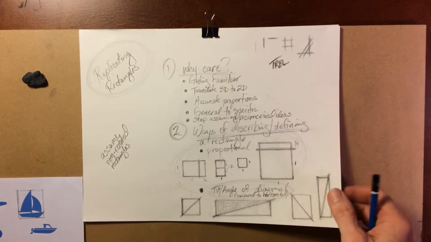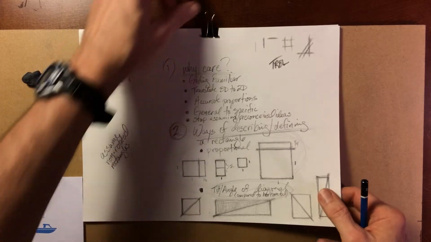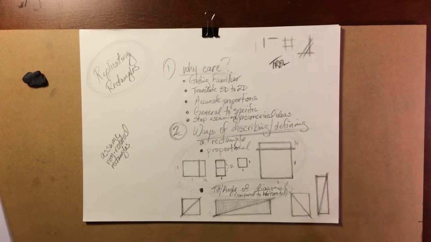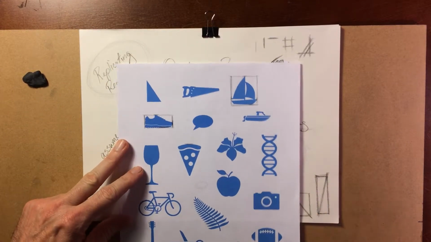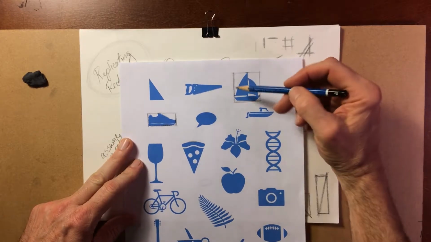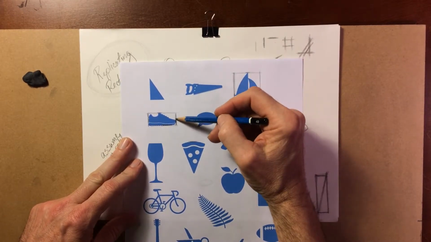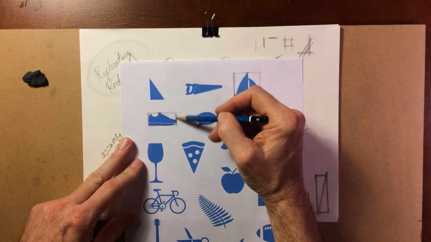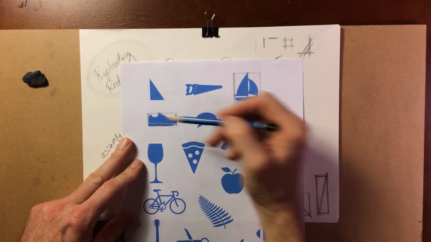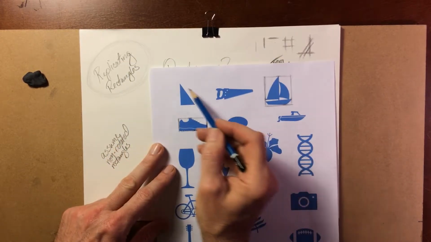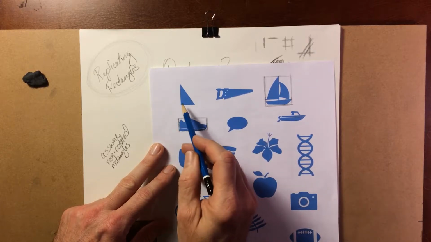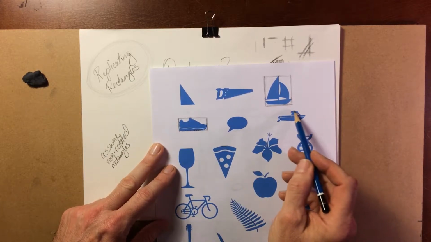Anyways, let me do a few examples of how I would go about tracking down what the bounding box would be for some of these objects. We did it there. Hopefully you can figure that one out.